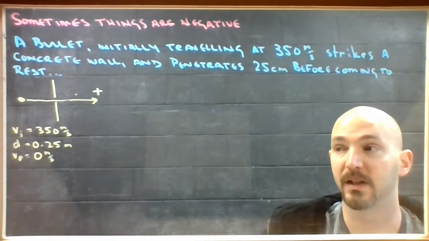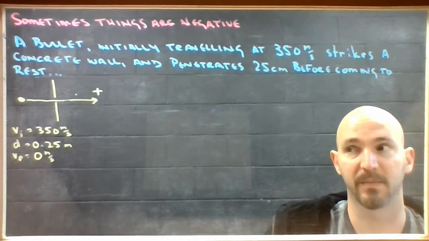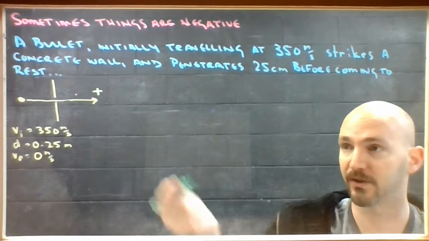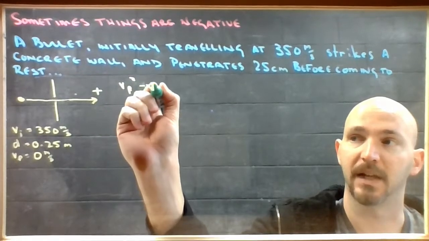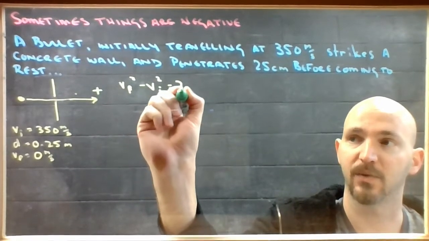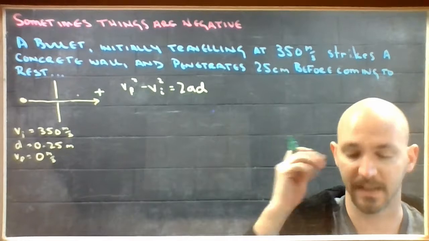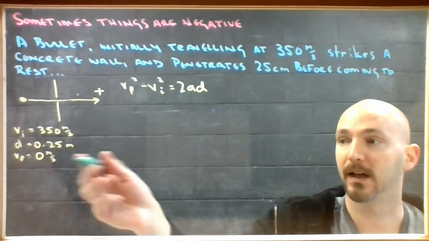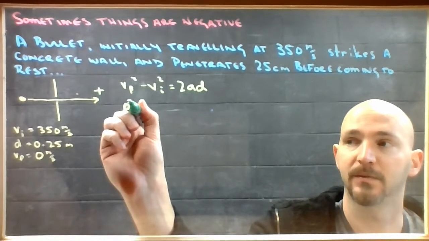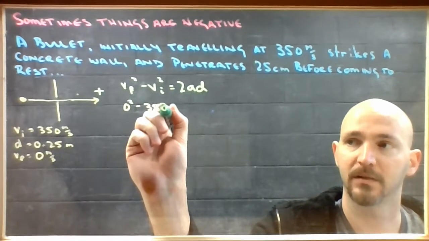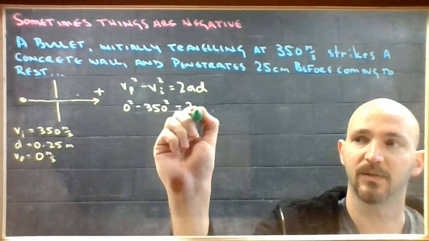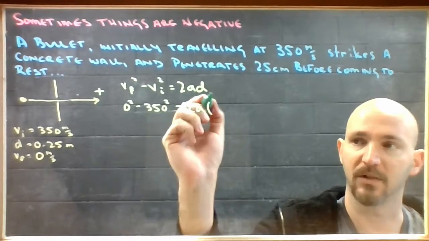An equation connecting initial speed, final speed, distance, and acceleration would be this one: Vf squared minus Vi squared is twice acceleration times the distance. V final is 0. V initial is 350. 2a, and the distance is 0.25.